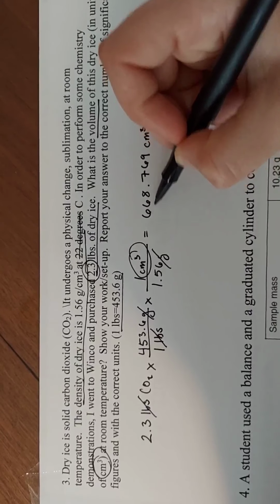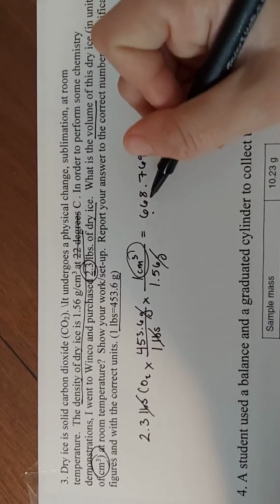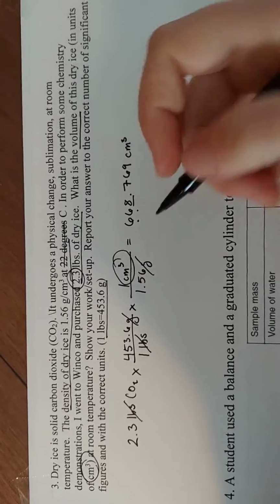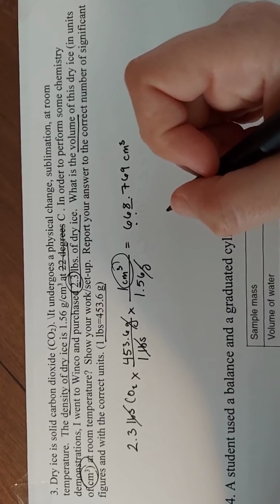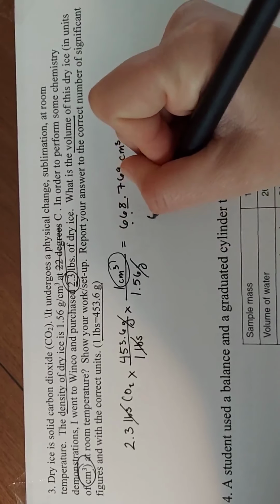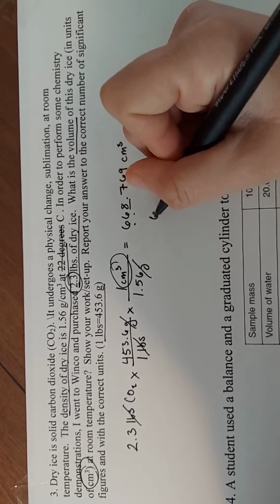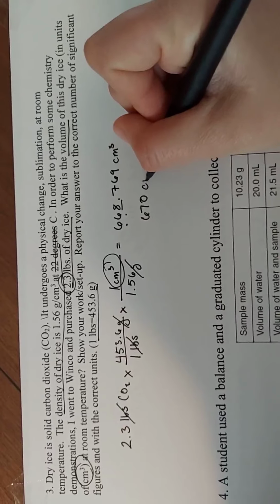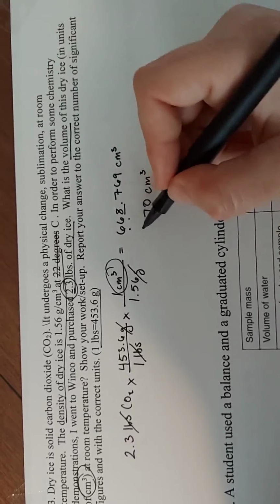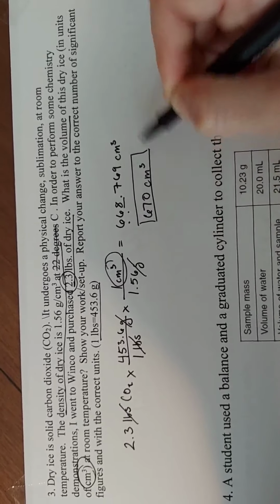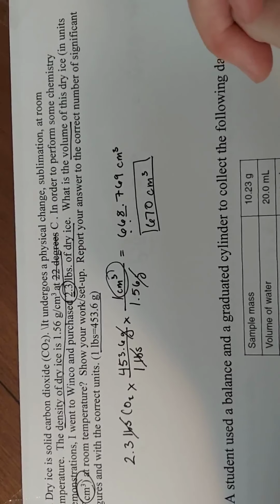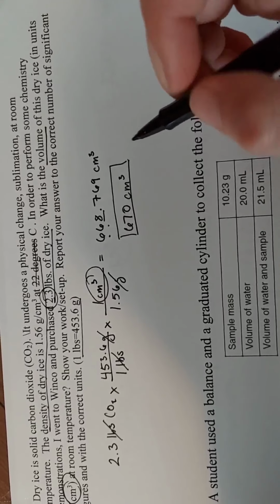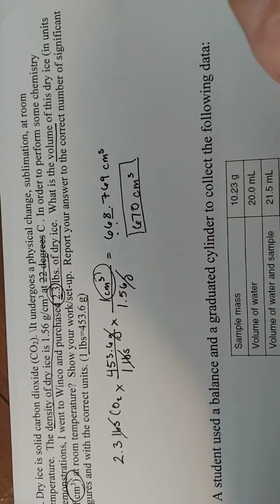So I use the third number to round. So my final answer is, because it's 8, I'll round up, so it's 670 centimeters cubed. So if you buy 2.3 pounds of dry ice, you will have 670 cubic centimeters.